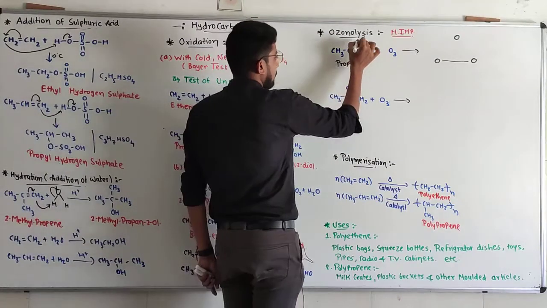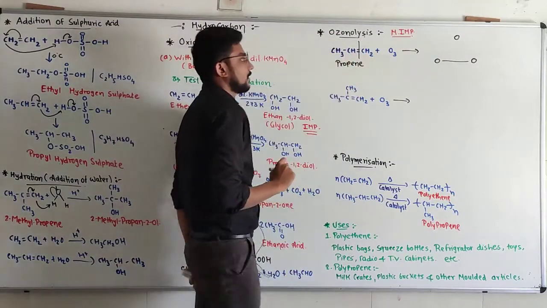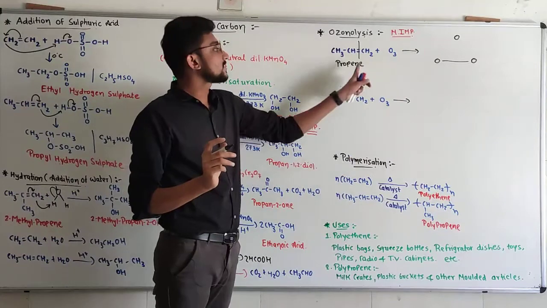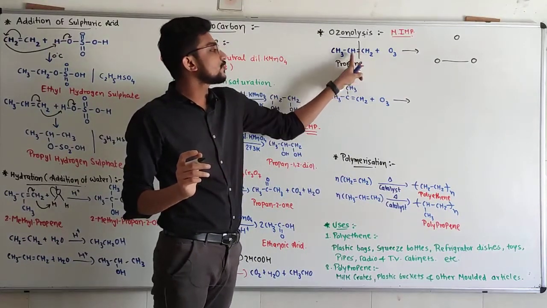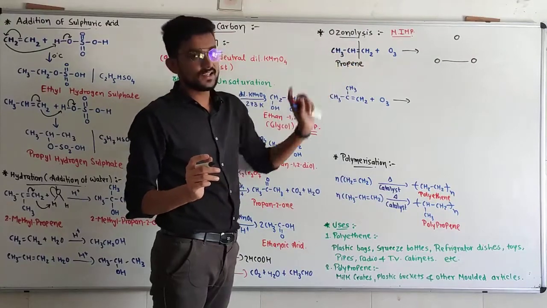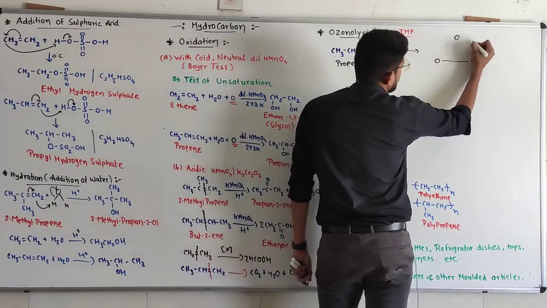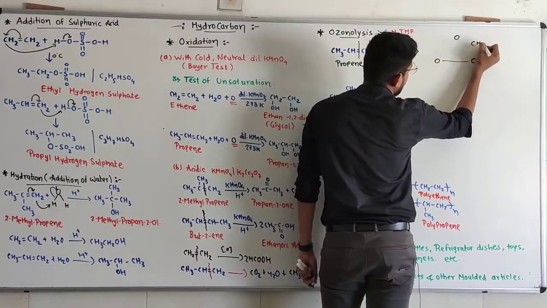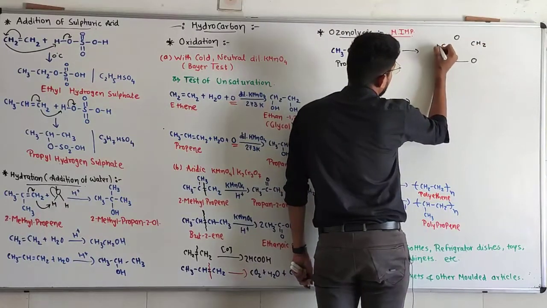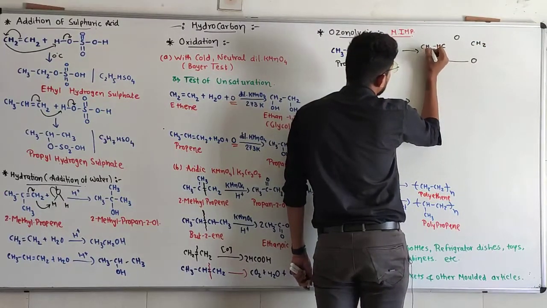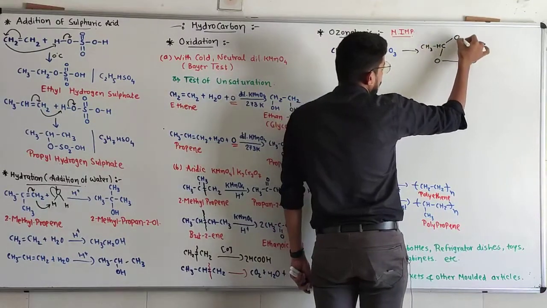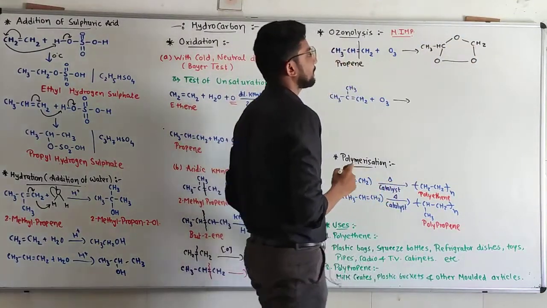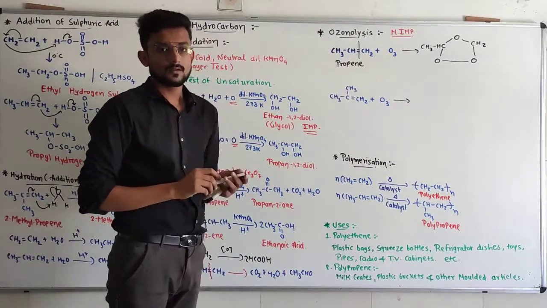Now, break this bond. Ozonolysis will break both the bonds. So one part will be CH2 and one part will be CH3CH. So CH2 here and CH3CH over here. Understood? Okay.